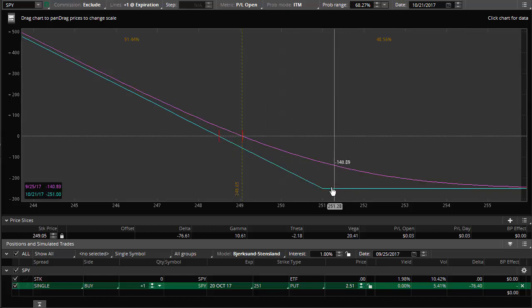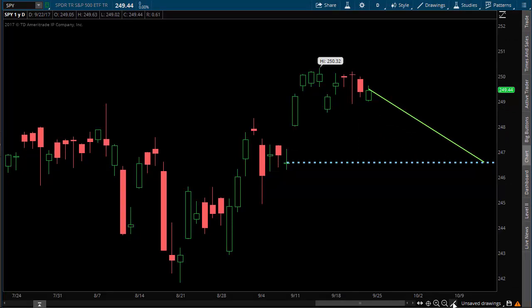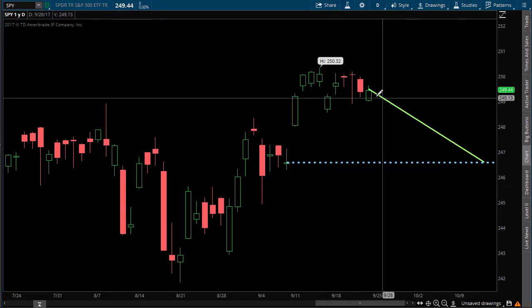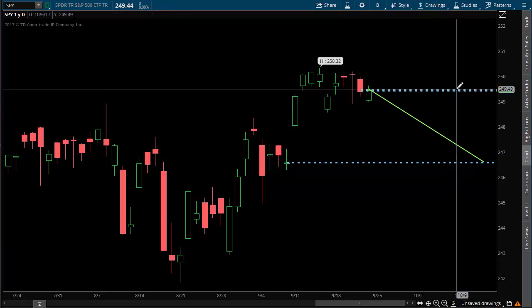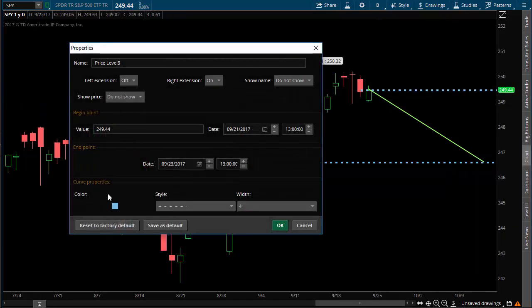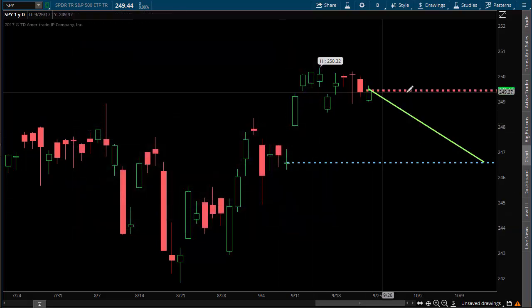The blue line is what this option will be worth at expiration, depending on the price level that you're looking at. In our first example, the break even, and this is something that's really important, the break even here, I'm going to make this red just so we understand. When we shorted the stock, the break even was right at the price.